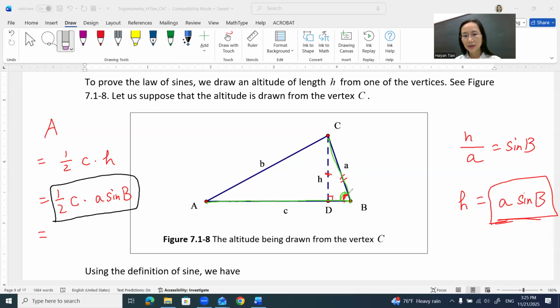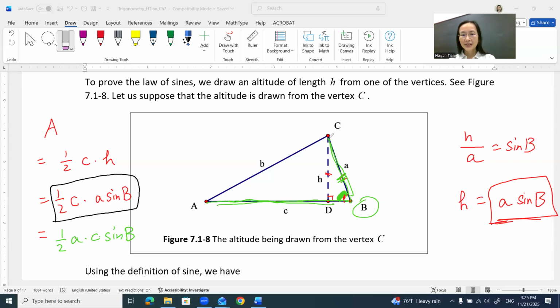And B is the angle formed by a and c. So if we use a and c, the angle formed by ac is the angle B. So we get a new version, which is half the product a times c times the sine of angle B.